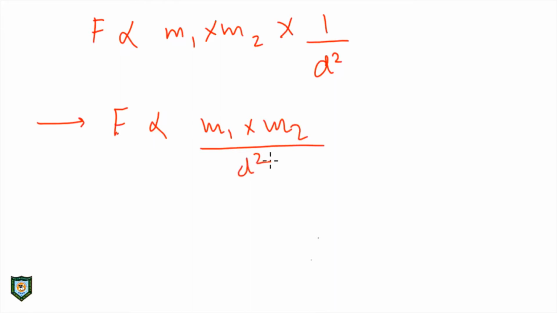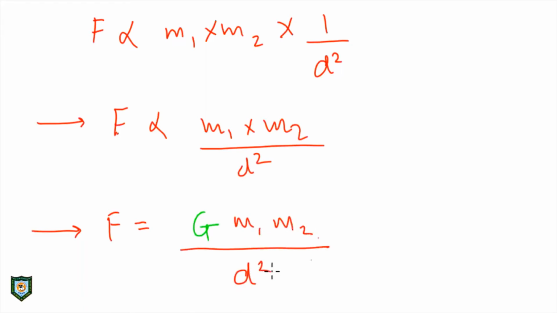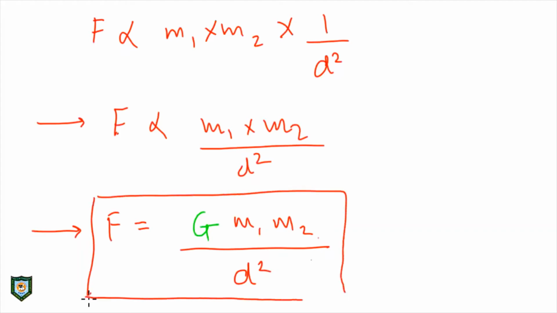And as you might have learned in your previous classes, whenever we replace a proportional sign with an equal to sign, there is a constant involved. So here I have a new constant, which gives F equals G into m1 m2 complete divided by d square. So this is my formula for Newton's law of gravitation.